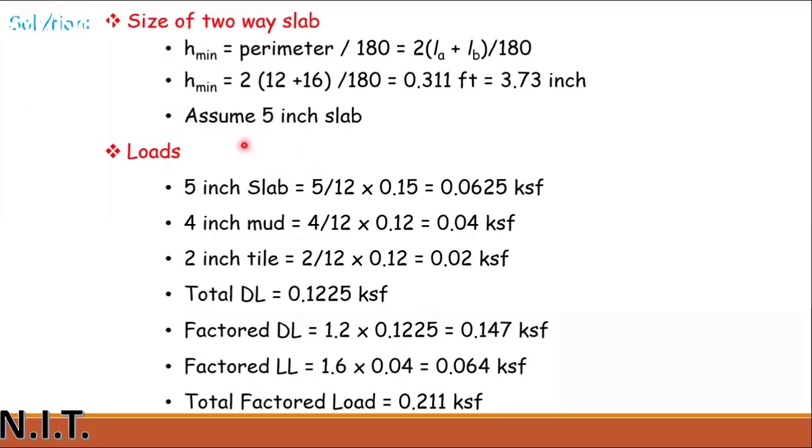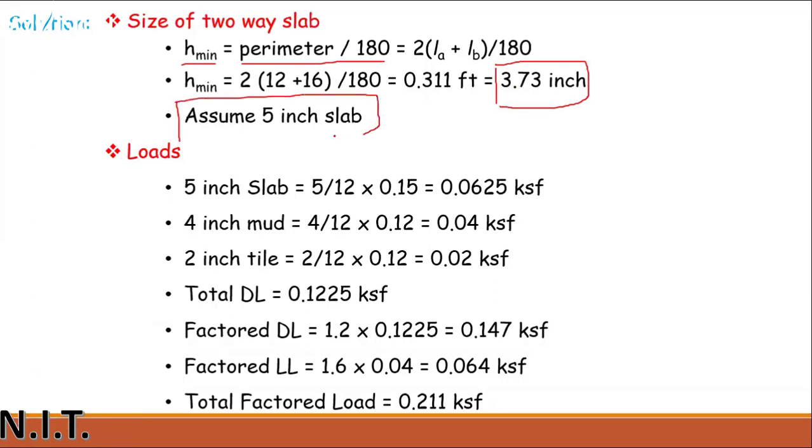In this numerical we first solved for H minimum, by using the formula perimeter divided by 180, which gives us 3.73 inches.